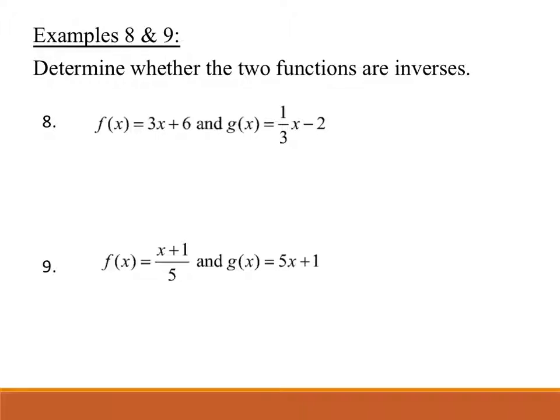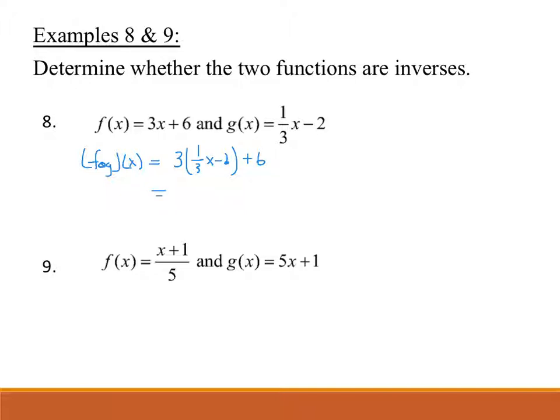So now we want to determine whether two functions are inverse functions of each other. The way we're going to do this is we're going to look at f composite g of x, and this is going to give me 3 times parentheses 1/3 x minus 2 plus 6.